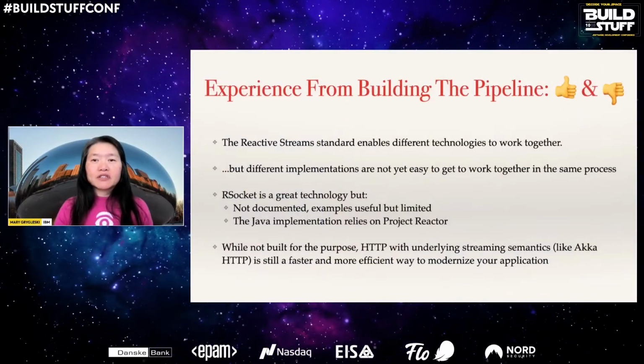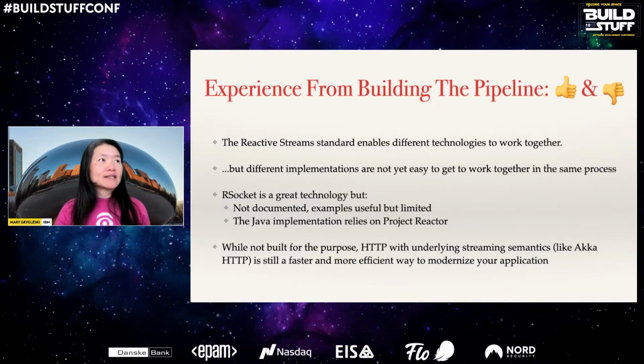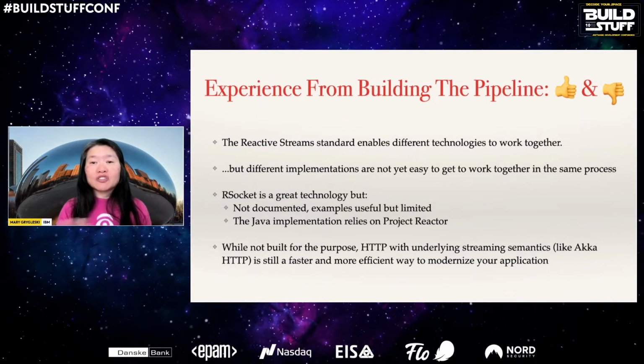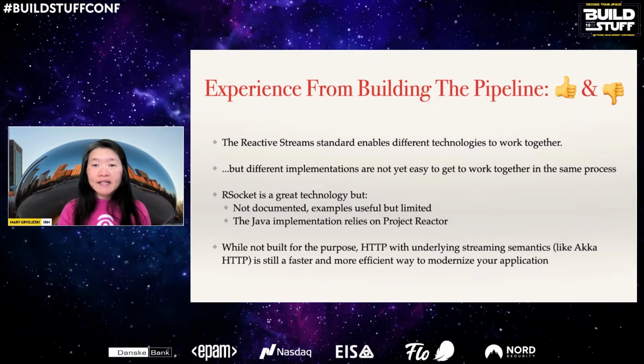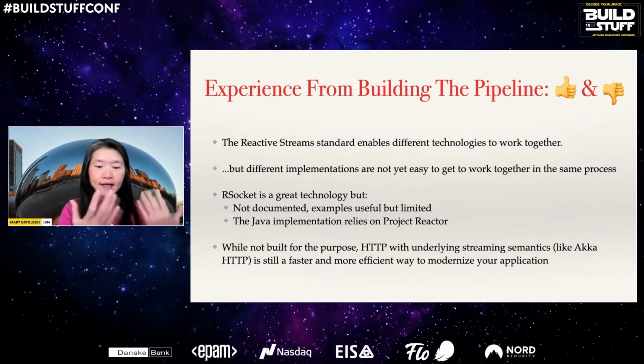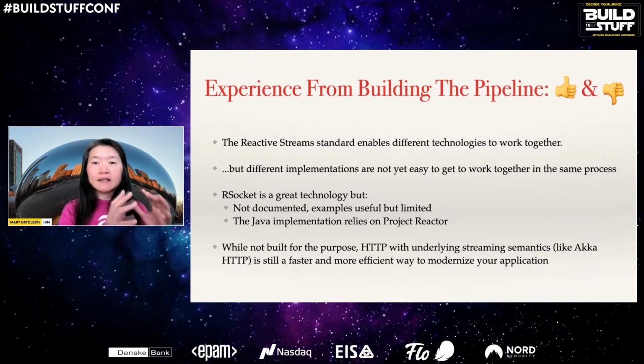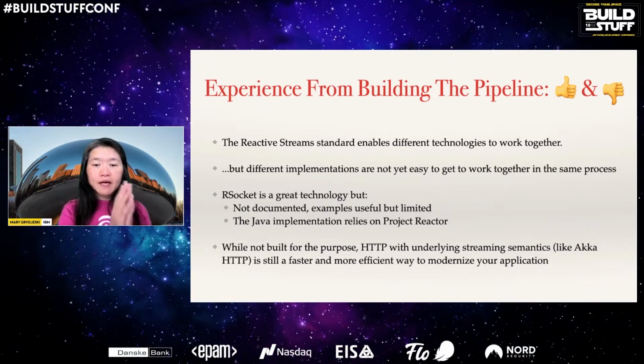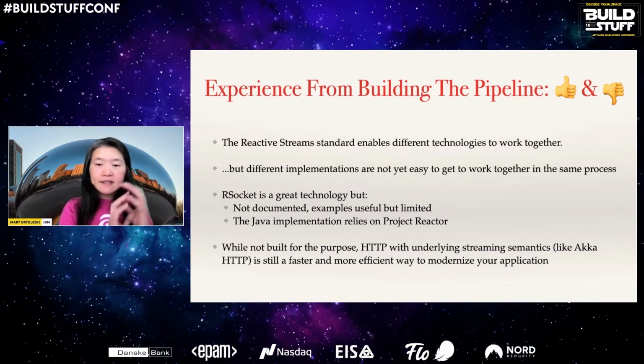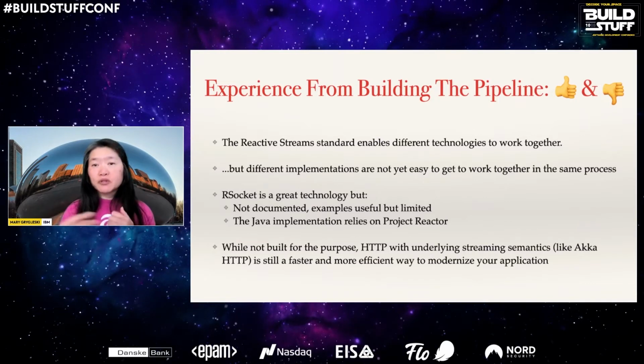Let's then talk about some experience from building this pipeline. Essentially, the Reactive Streams standard enables different technologies to work together. So that's really nice. As you can see, Fabio did that. One part of it is Scala, processing the data, reading from Kafka, and then producing the messages.